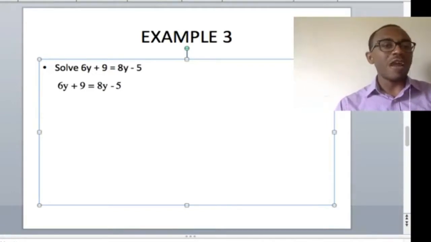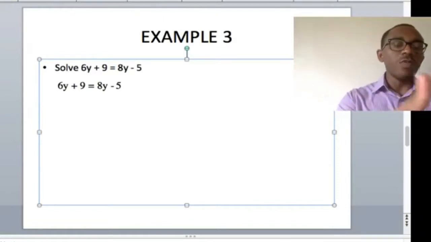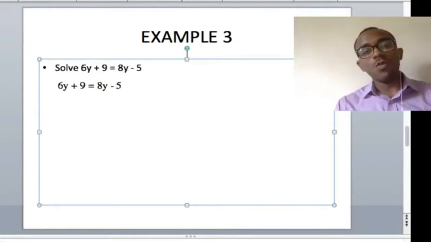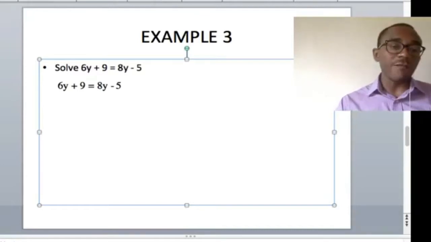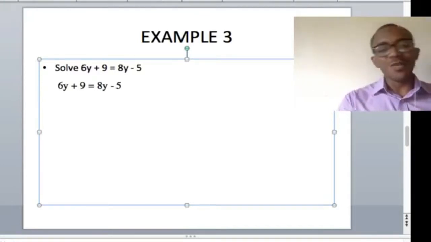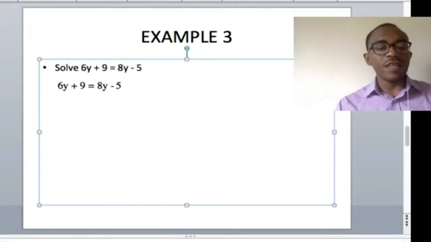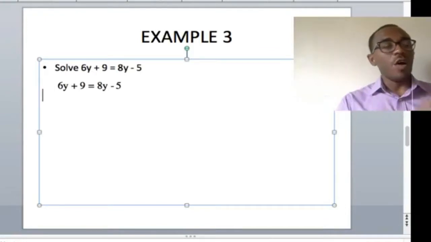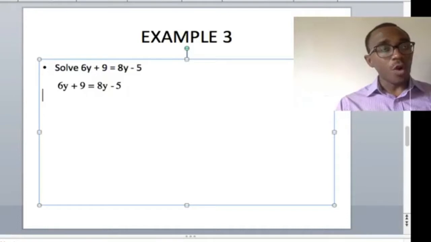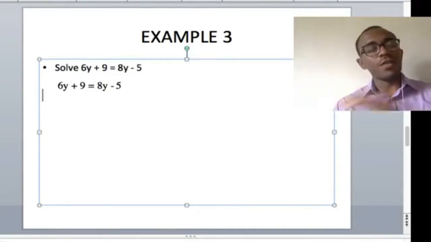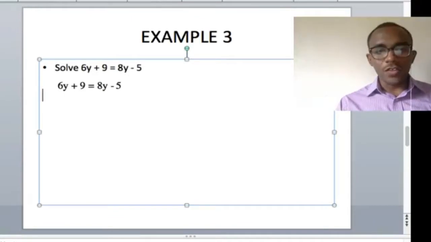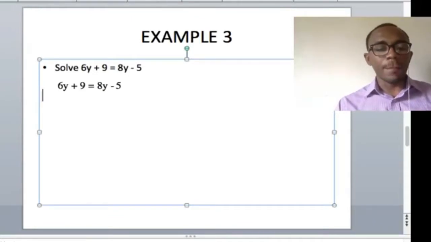It doesn't matter. We have two options. We can move all the y's to the right and all numbers to the left, or we can move all the y's to the left and numbers to the right. The answer will still be the same. Let me repeat again. Moving all the y's to the left and numbers to the right, or all the y's to the right and numbers to the left, the answer will be the same.